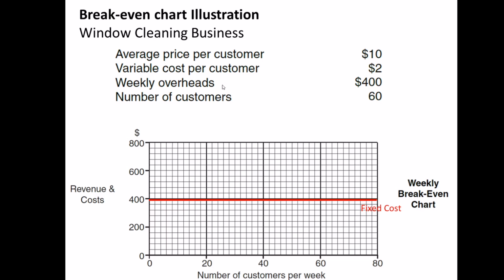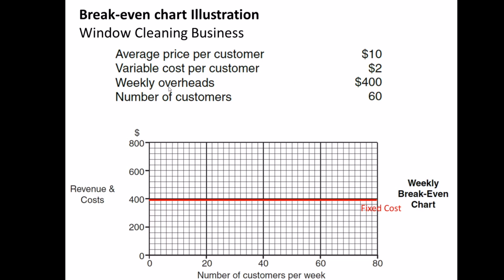You could say overhead is equivalent to cost. But we don't use the name to define if that is fixed cost or variable cost. We use other clues, like weekly here. So that's the fixed cost, because no matter how many customers, you have to pay $400 per week. So that's fixed cost.